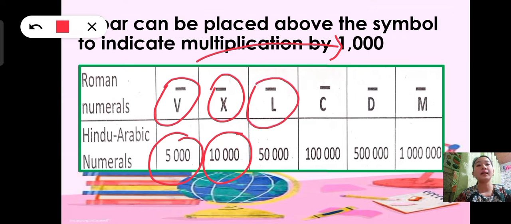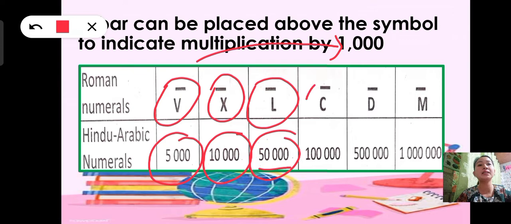Roman numeral L that has a bar on top, in Hindu-Arabic numerals, its value is 50,000. Roman numeral L, its value is 50, multiply it by 1000, so we get 50,000.